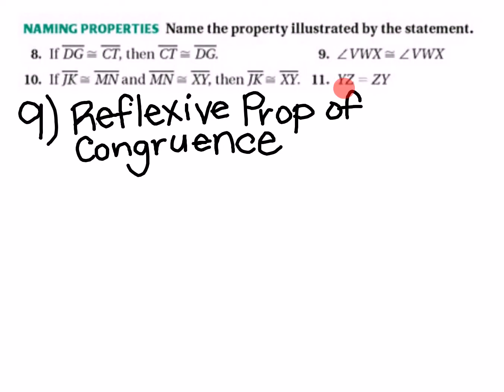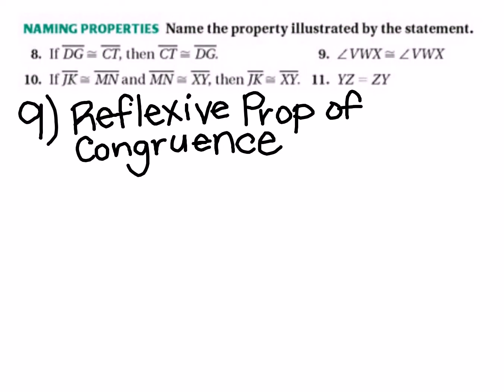On this one, it will be still the reflexive property, because if we think about segment lengths, we know that regardless of how we write it, it's still the same segment. So remember back at chapter 1, we talked about segments.